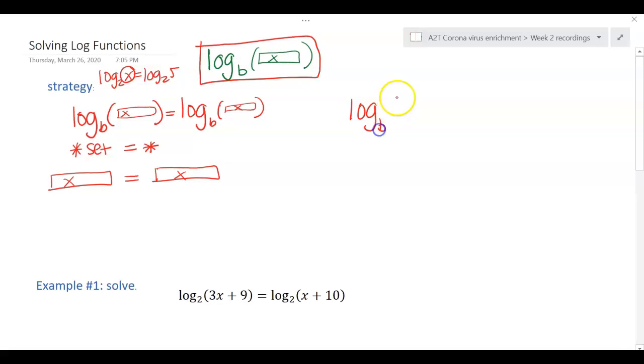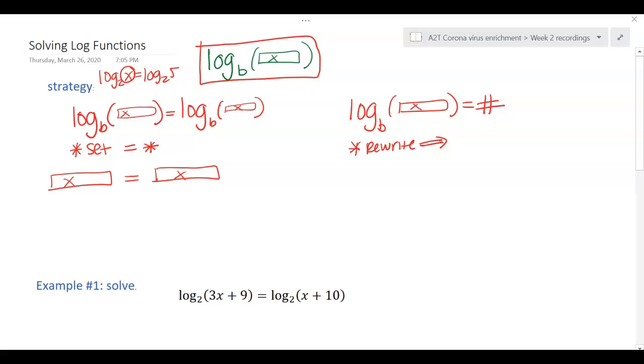That's one option. The other option might be that once you isolate the logarithm, you might not be able to write something in the same log format on the other side. You might just have a number, and it might be simpler at that point, instead of trying to look for two similar logarithms, to rewrite the equation in a way that you can isolate x.